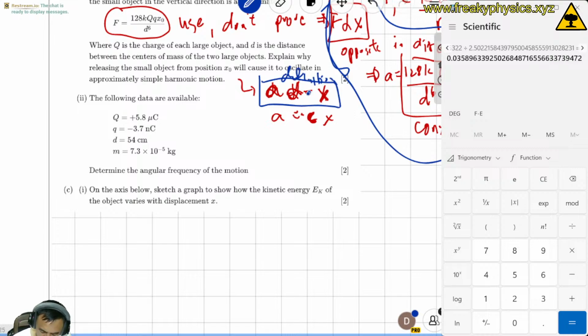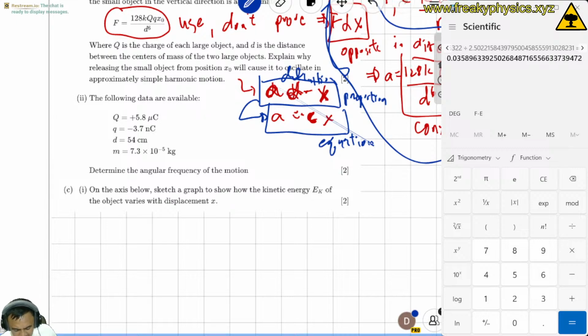Now, if you turn it into an equation, this is also what it means. So this is a proportion, this is an equation. They mean the same thing. Now that C, I'll just point that out here. This C is a constant.